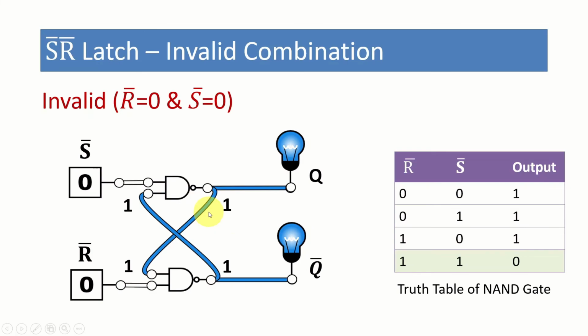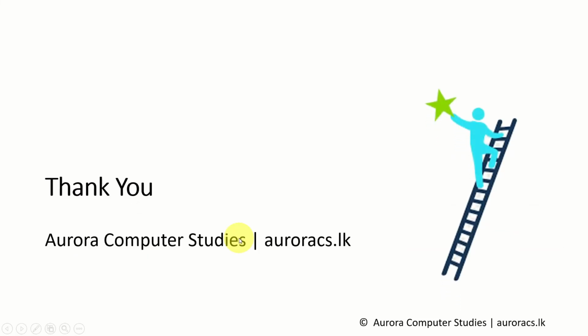So therefore this is going to keep getting both Q and Q bar as 1. So Q and Q bar both being 1 is invalid, because Q bar must be the inversion of Q. So therefore in S bar R bar latch, having both S bar and R bar 0 is an invalid input combination. That's it about the S bar R bar latch.